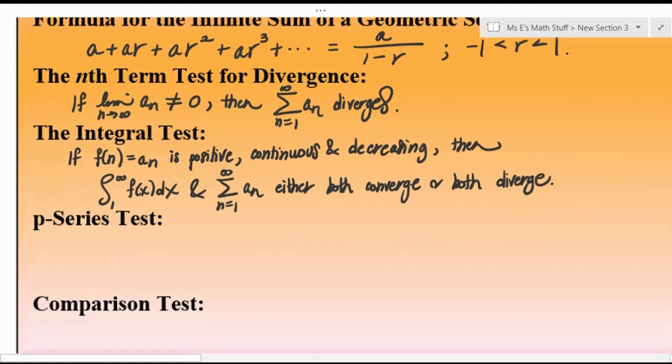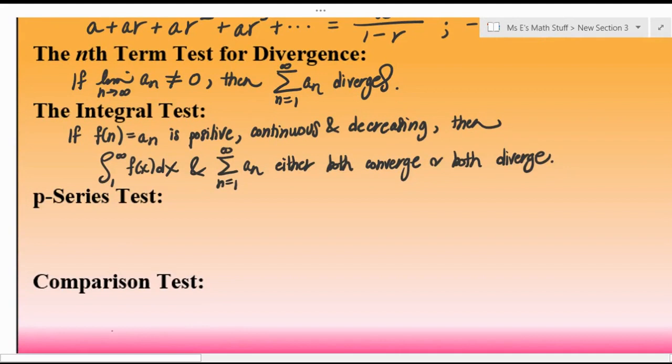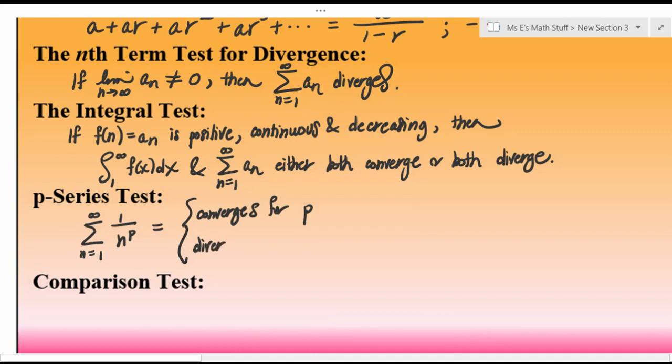Okay. All right, p-series test is actually a special case of the integral test. So let's see, it says the sum as n goes from 1 to infinity of 1 over n to the p will converge for certain p-values, and it diverges for certain p-values.